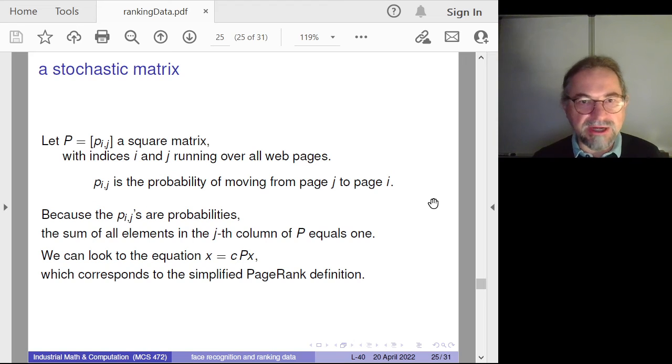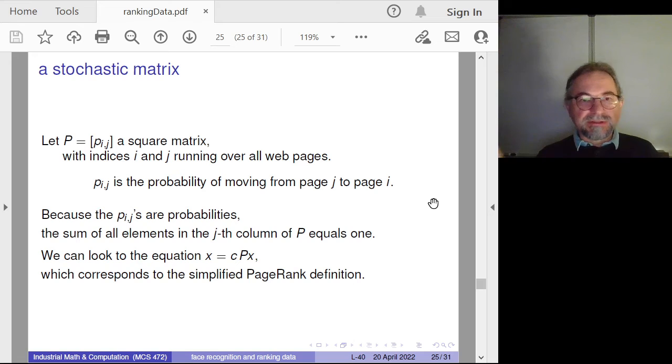The J-th page is the page where we currently are, and we're moving to some page I. And we can collect the probability. So the J-th column, because it's a probability, needs to sum up to 1. So if we do this for all the pages, and we store all the probabilities in one large matrix, then we have what is called a stochastic matrix.